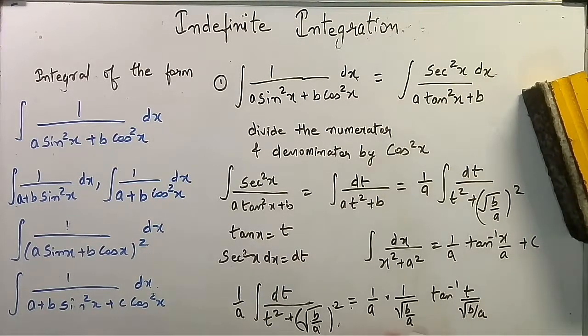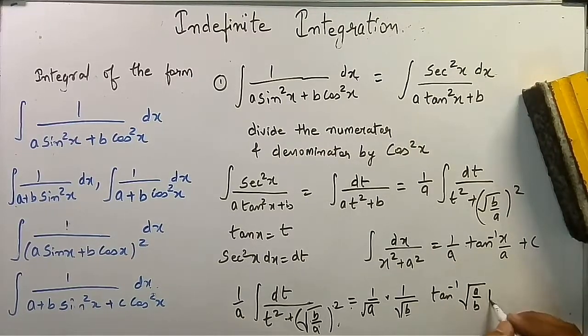If we solve this, we get root a into root b, and in place of t we write tan x. If we rewrite this, it can be written as under root of a by b into tan inverse of root of a by b tan x plus c. So this is the way this integral can be solved.